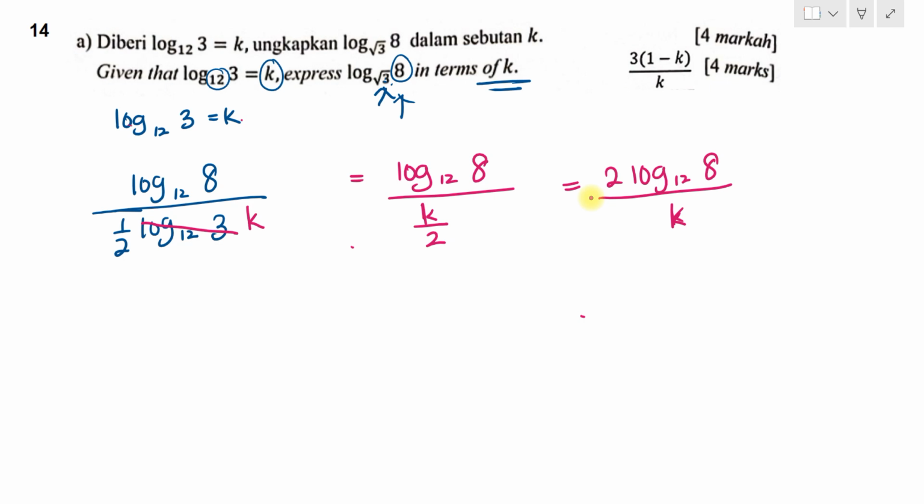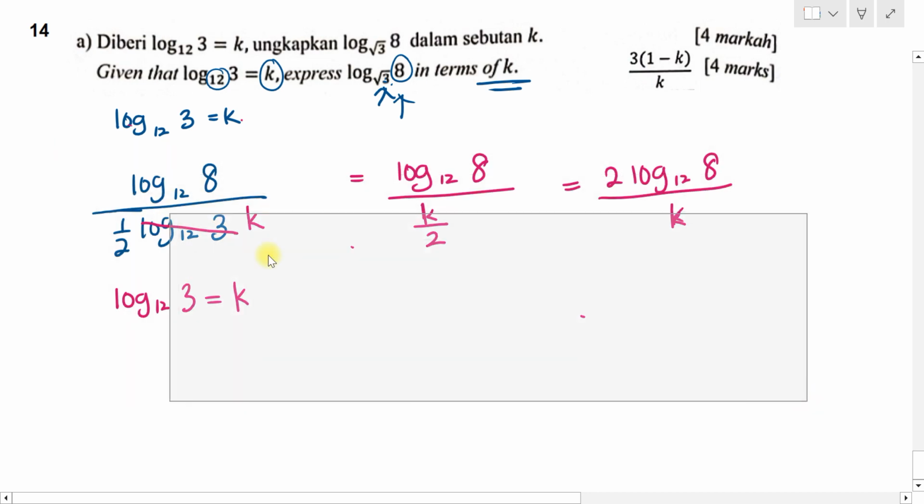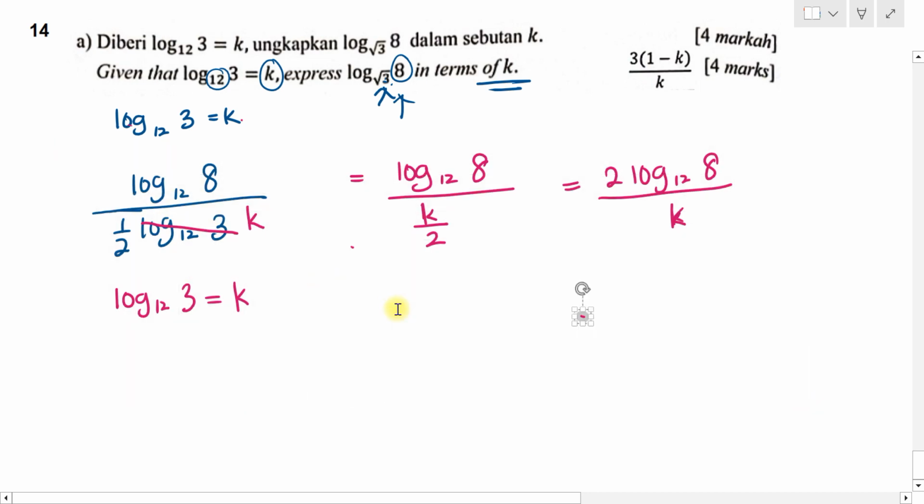Okay, so I take the original log 12 3 equal to k. Okay, I need to express in terms of, I try 3 first.